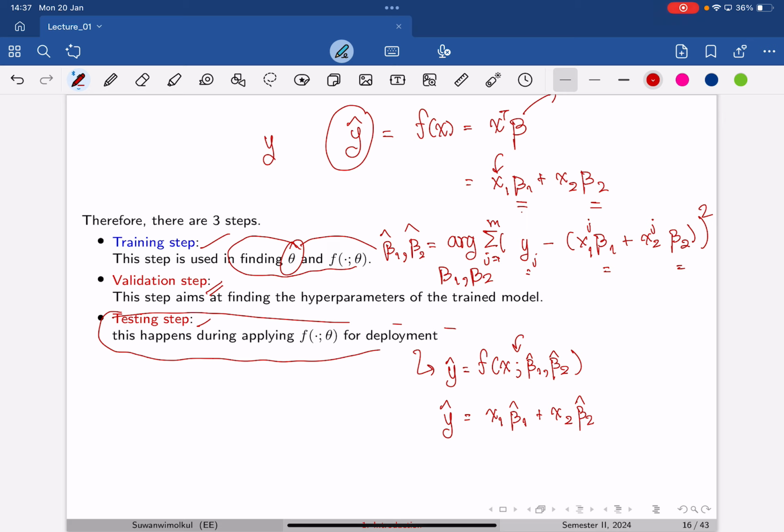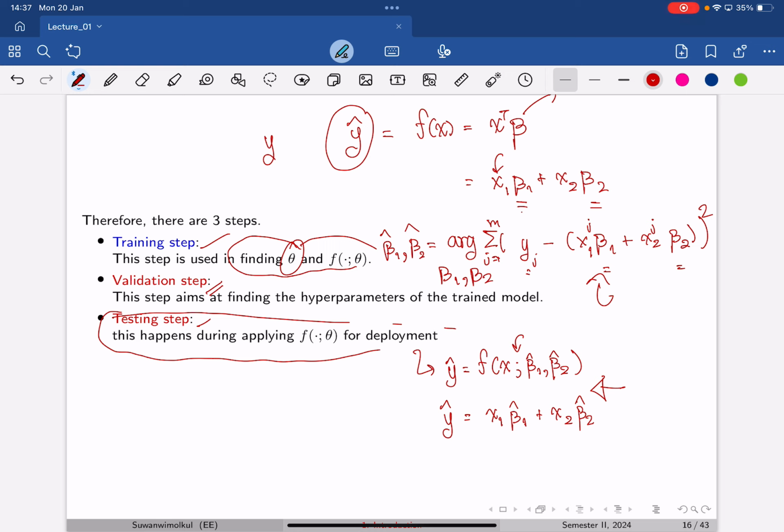But keep in mind that whatever data you use when you train, you should not use it when you test. Because otherwise, whatever you get from here will already be the minimized version of that, right?